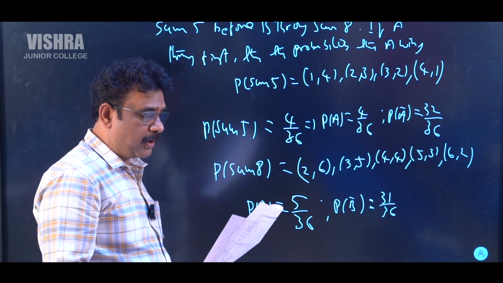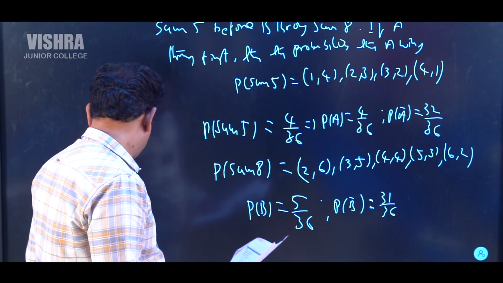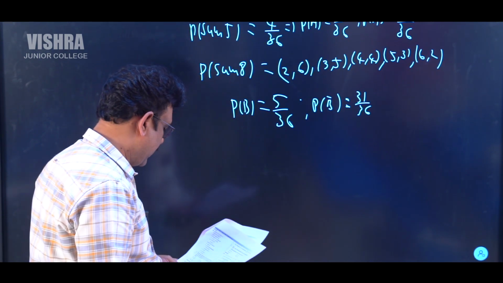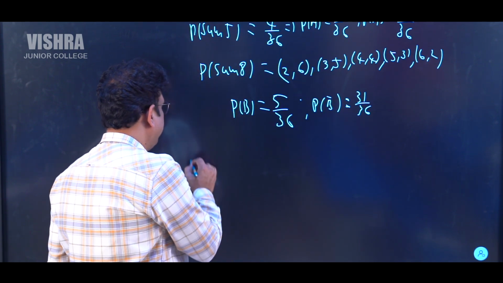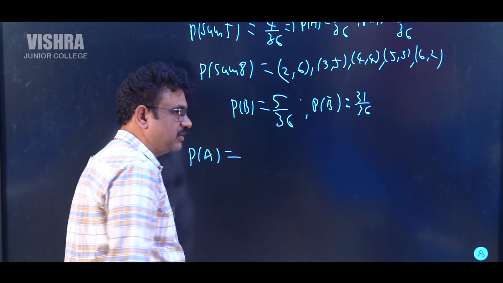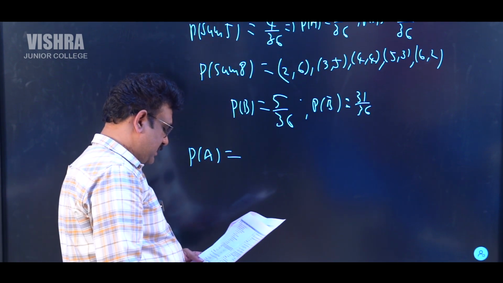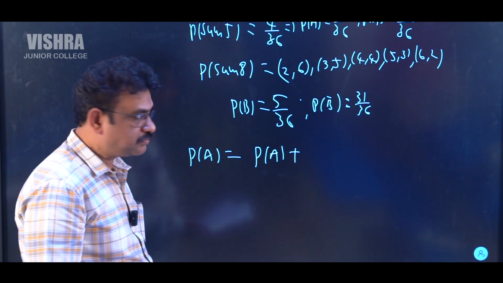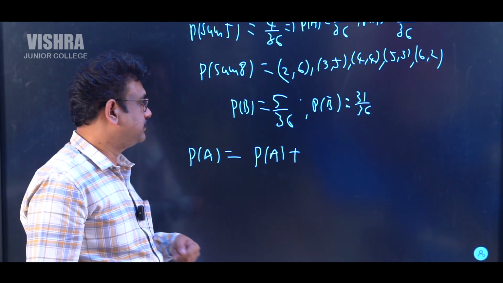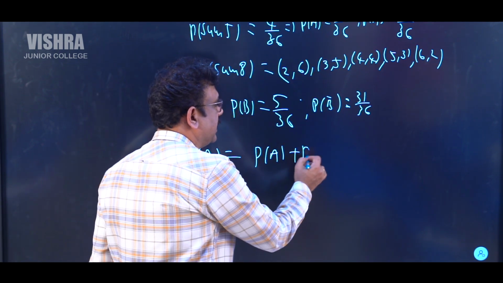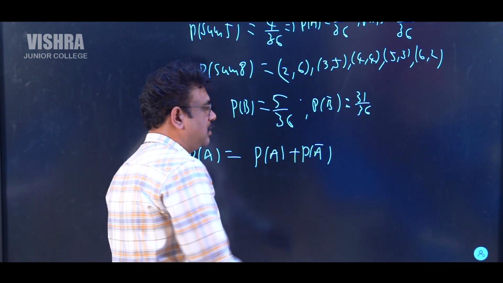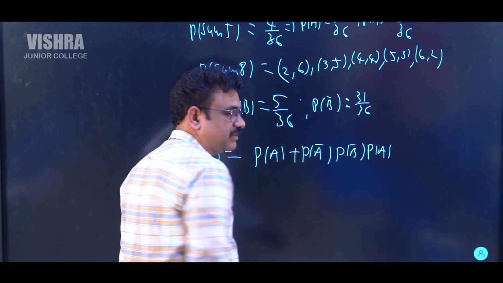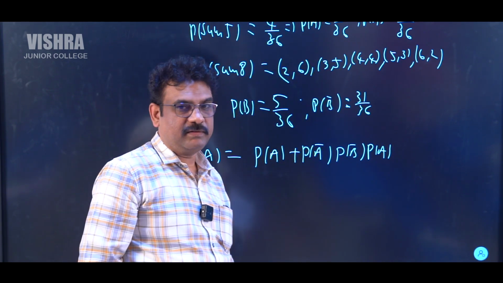Now, probability that A wins: P of A is equal to probability of getting A on the first trial, or not getting A, not getting B, then getting A on the third trial, or the fifth trial.